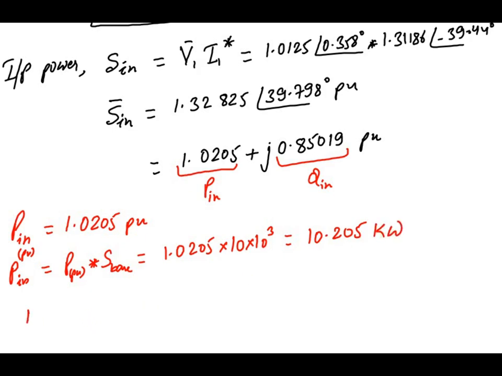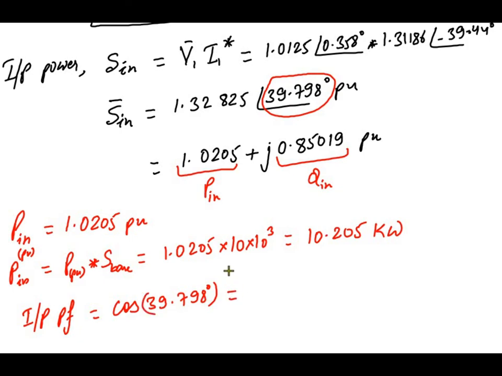We can also calculate the input power factor now. This angle is the phase difference between voltage and current, 39.798 degrees, so the power factor will be cos of 39.798.